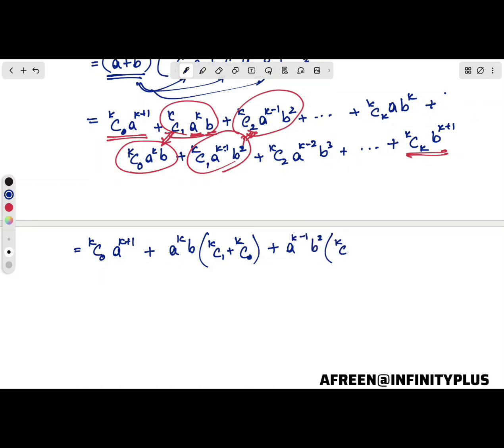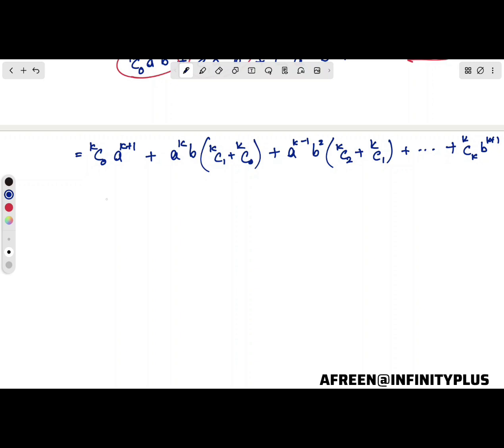It is kC2 plus kC1, plus etc. In a similar manner, you will get common for each and every element except the first and the last term. So the last term kCk b^(k+1) will remain as it is.